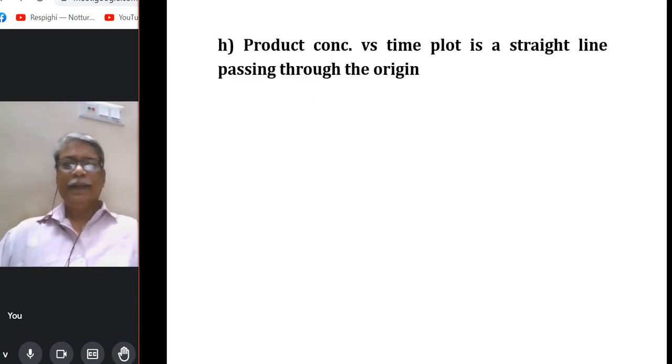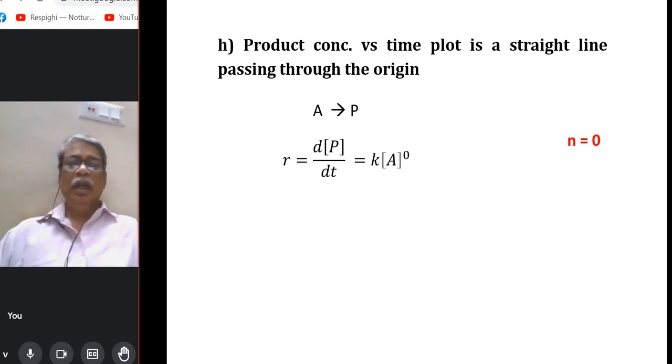Got it? Well, the next question, product concentration versus time plot is a straight line passing through the origin. Okay, the answer is 0, but let us justify that. A to P, this kind of reaction. Now rate we are expressing in terms of the product. So dP dt, no minus sign, equal to k a to the 0.